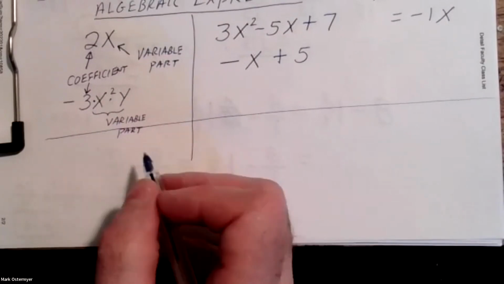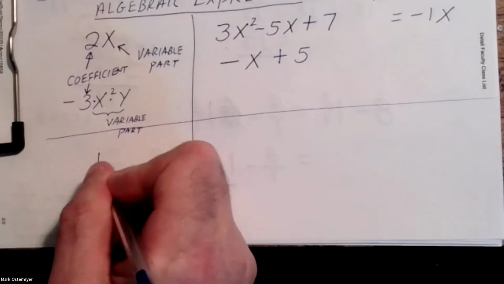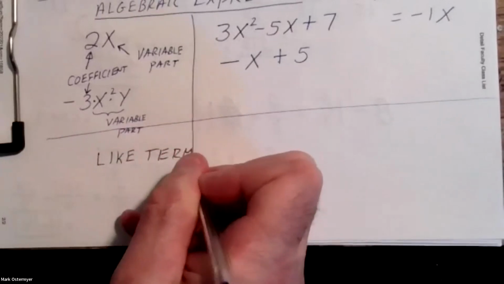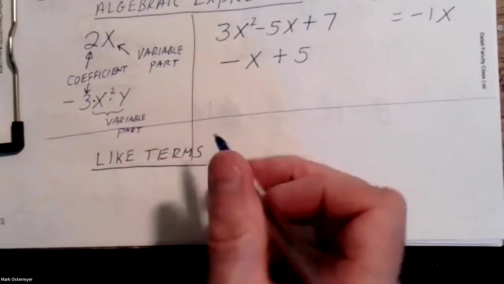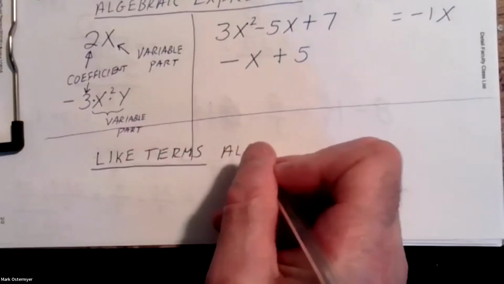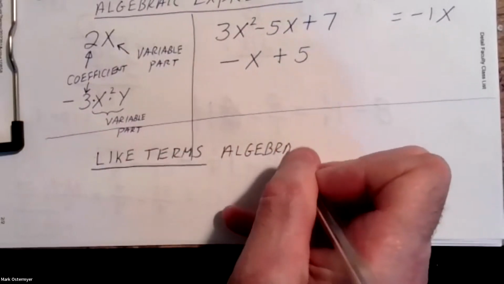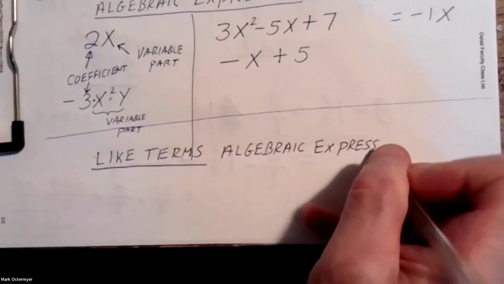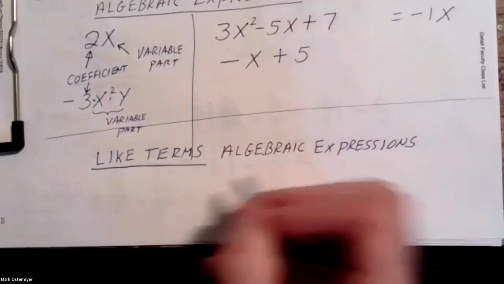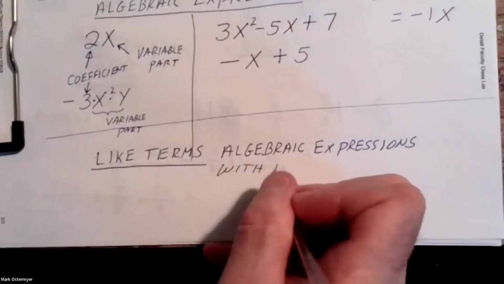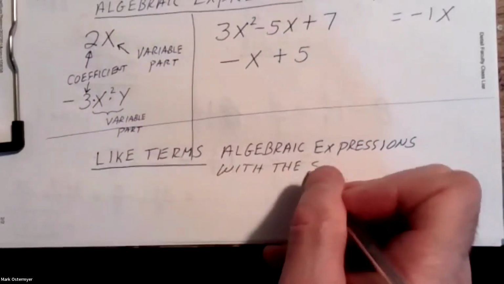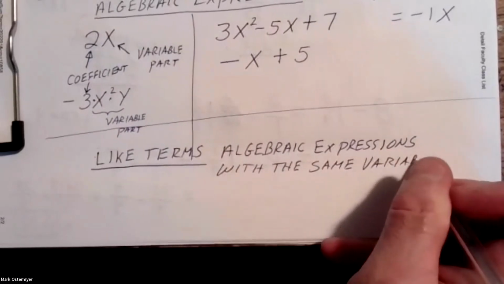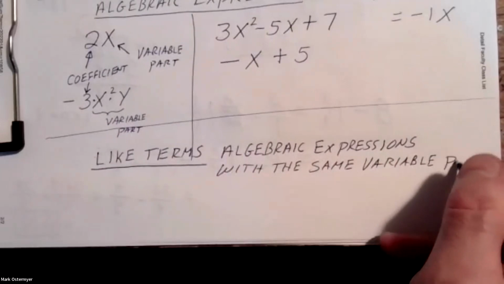But before we do that, we need to introduce ourselves to what are like terms in algebra. Like terms are algebraic expressions with the same variable parts.